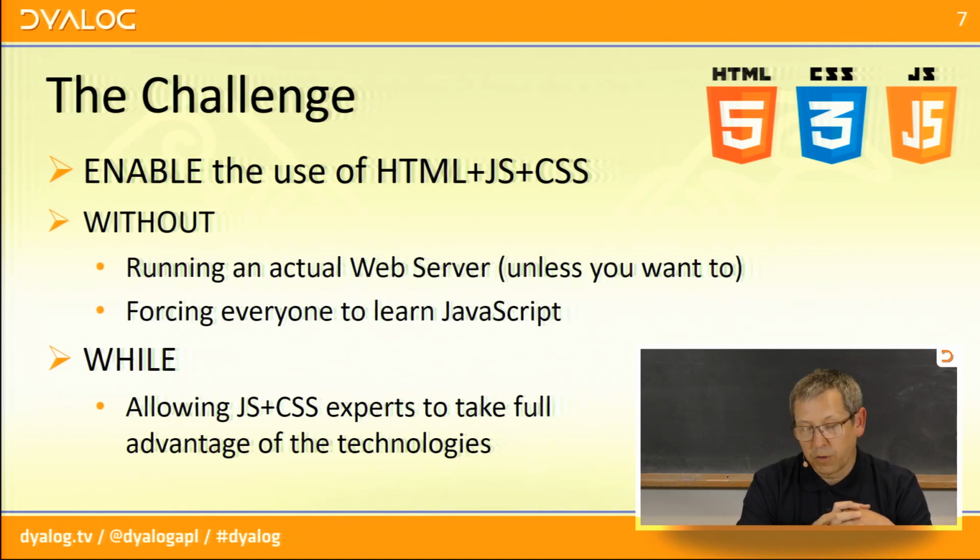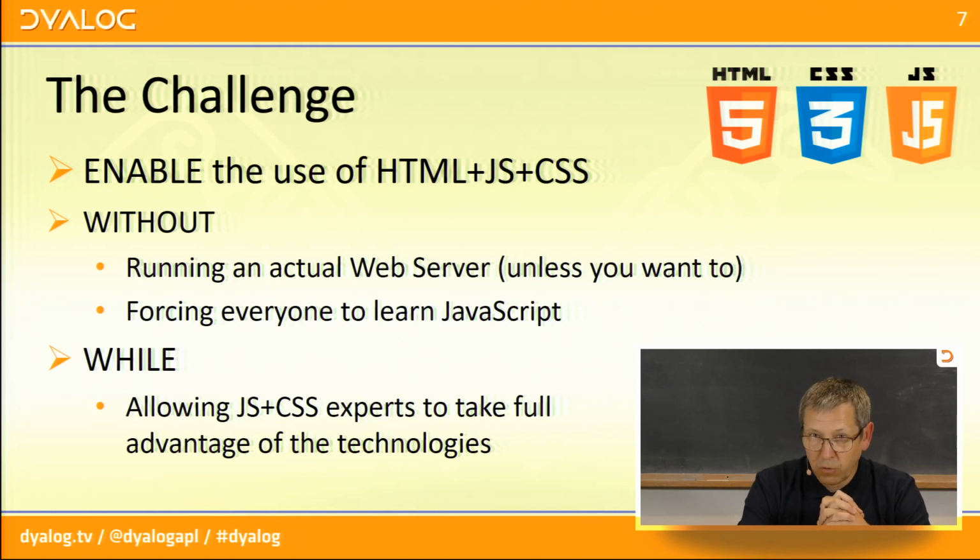So we want you to be able to create these user interfaces without maybe running an actual web server, unless you have good reasons to do that for management of processes and so on. You may or may not want to use a web server.